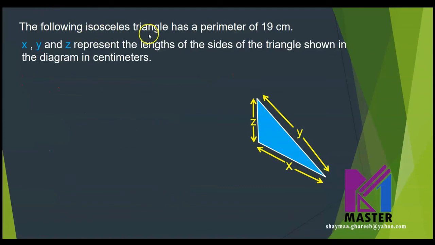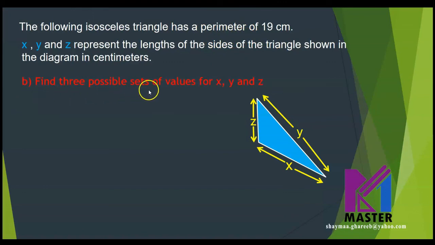The following isosceles triangle has a perimeter of 19 centimeters. Same triangle exactly. X, Y, and Z represent the lengths of the sides of the triangle shown in the diagram in centimeters. This time, the value of the perimeter is given. Let's see the question.